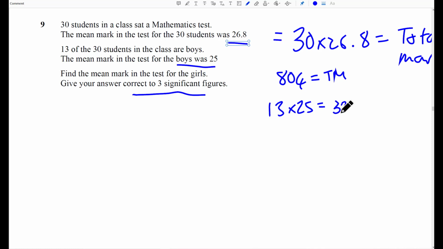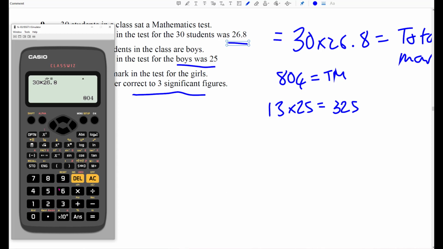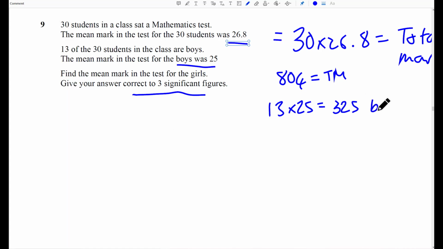That's 325. Right. You'll be surprised because you're tired. You could make simple calculation errors, so do check it out, even if you've got good mental maths. Okay, that's perfect. So these are the boys' marks. Boys TM.